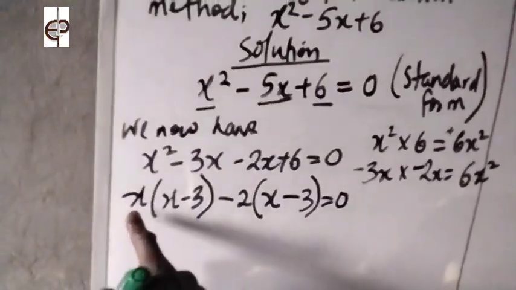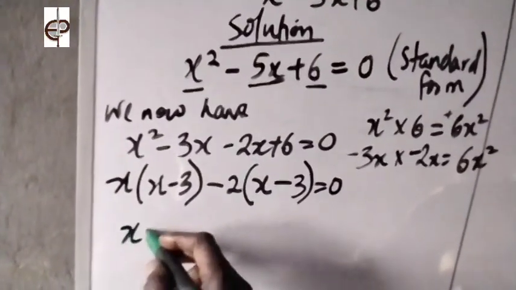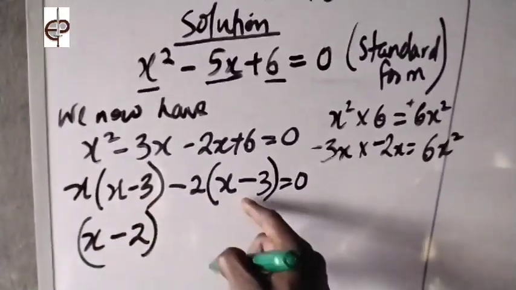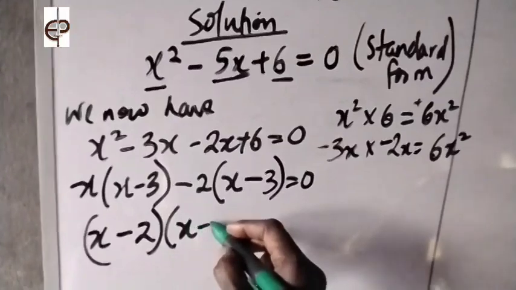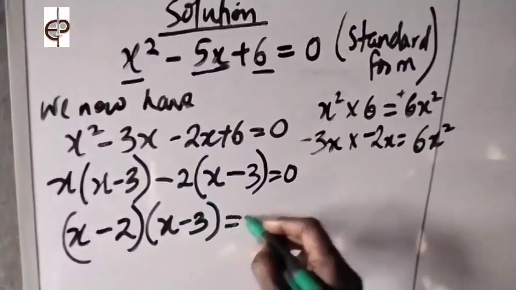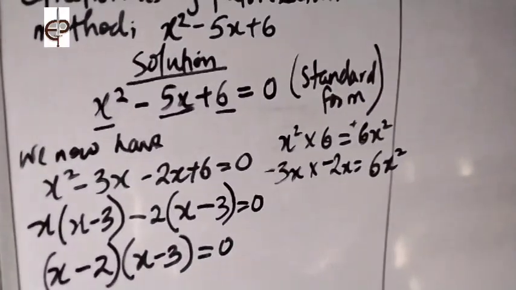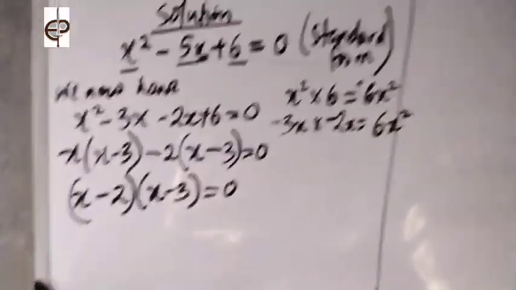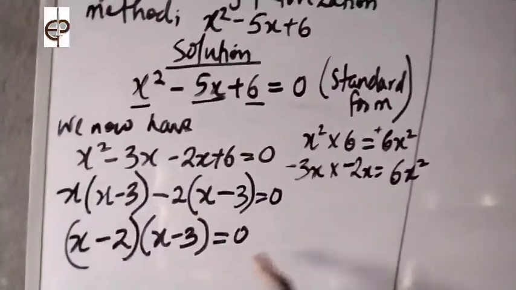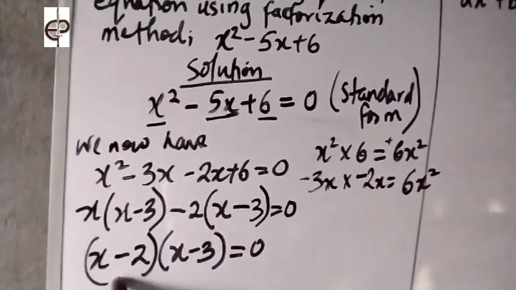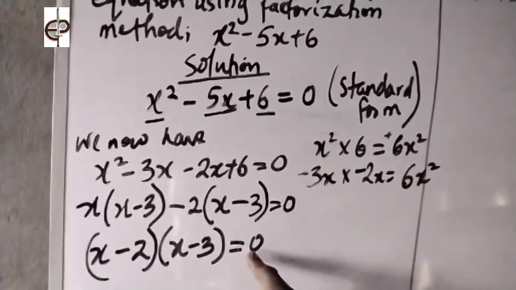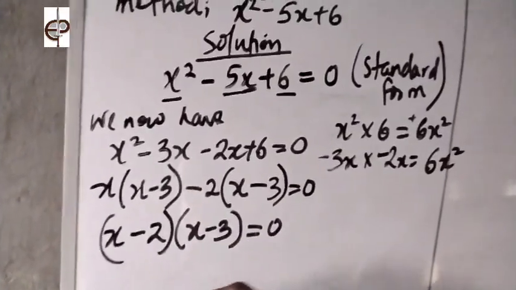Your next work is to pick x minus 3 and pick any of these since they are the same, and you have it equal to 0. What this means is that by the product of both, it will mean that either this is equal to 0 or this is equal to 0 for their product to be equal to 0.